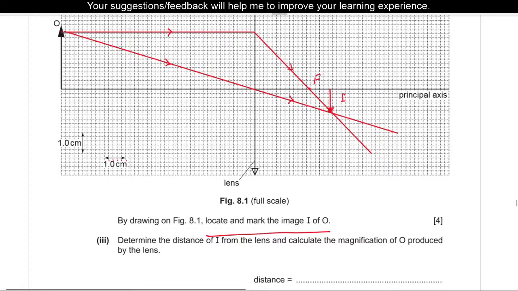This was 12, 13, 14, 15, 16, 17 and a half. So 17 and a half boxes. Divide it by 5, because there are 5 boxes in 1 centimeter. So it comes to 3.5 centimeters.